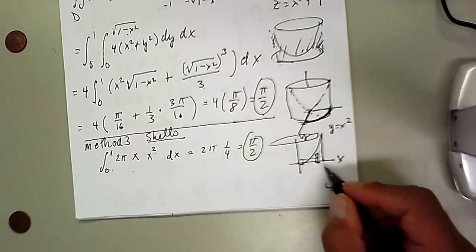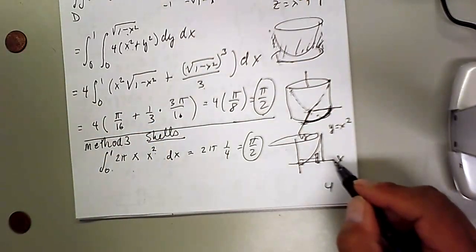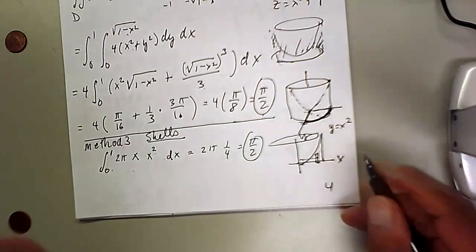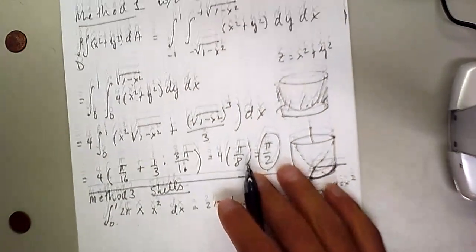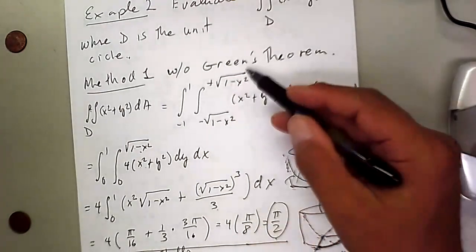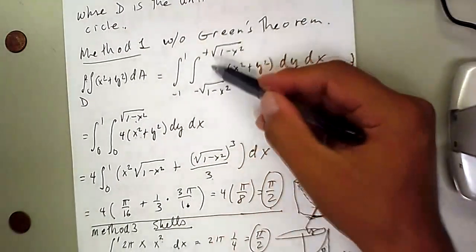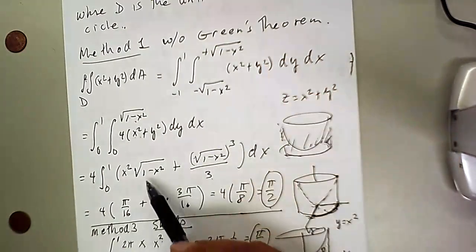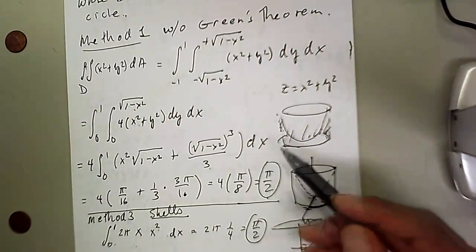if there's a simpler way to do this, and shells, we remember in Calc 2 how shells was so difficult. Actually, shells is the easy way to go. I mean, compare that with method 1, and I'm not showing the work that was involved in figuring this out. There was another extra sheet to figure out those two integrals. And even with Green's theorem, it didn't get any easier.